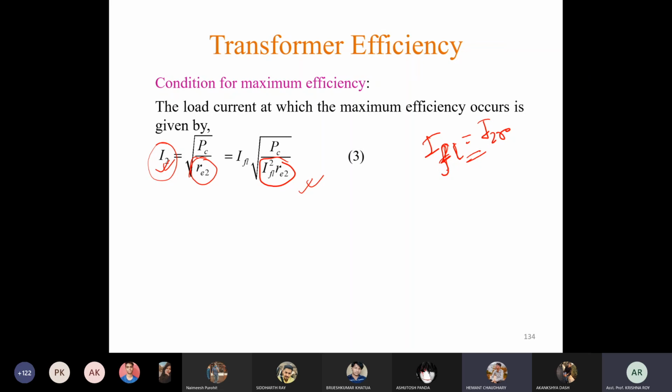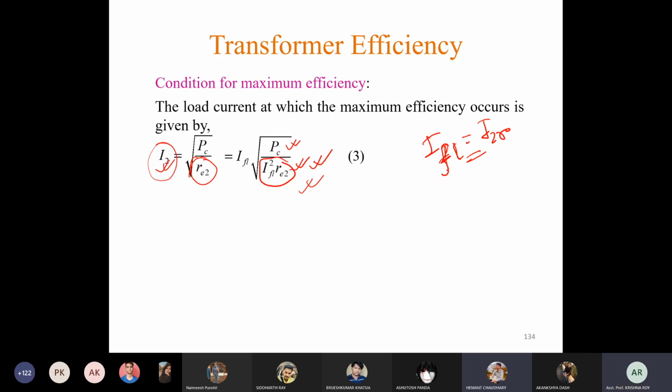So this is a measurable quantity, and PC you can measure by the open circuit test. Both are measurable, but for RE2 you have to perform both tests and then calculate. So that is why the second formula is better.